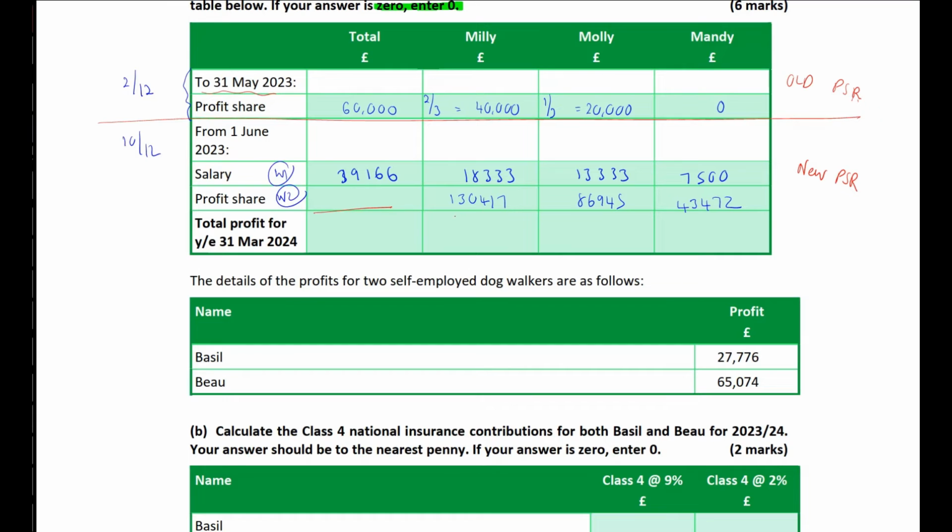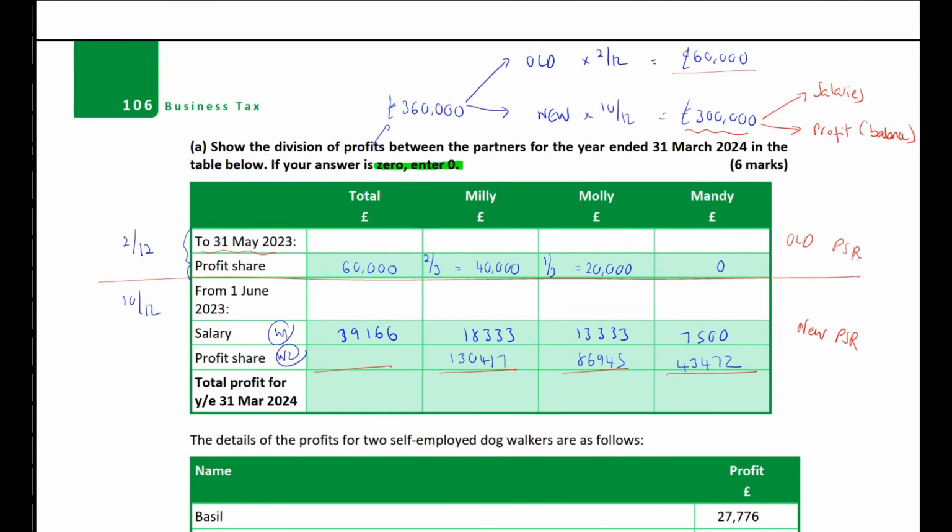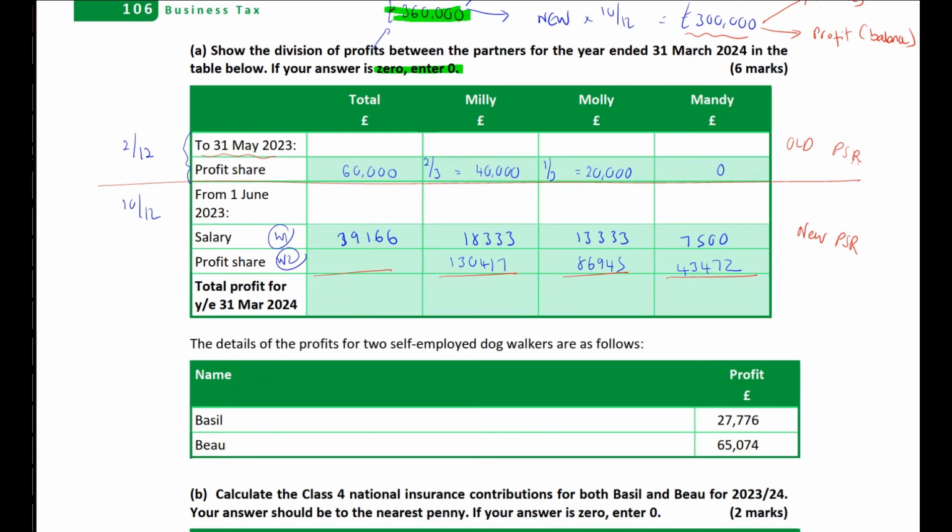And then I can total up the amount of profit that each partner is going to get, remembering that I started with a bucket of money with £360,000 in it, so my objective at the end is I still have £360,000 left. Include the total profit there. So let's add down each column, and then we can check whether we have indeed lost or gained any profit.